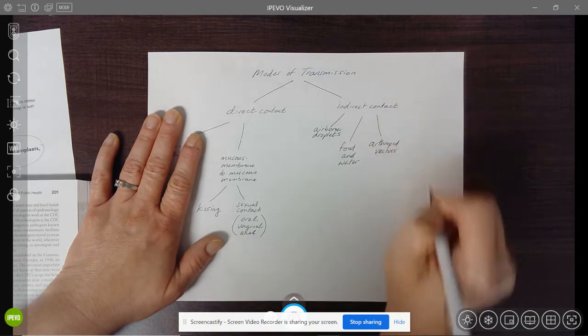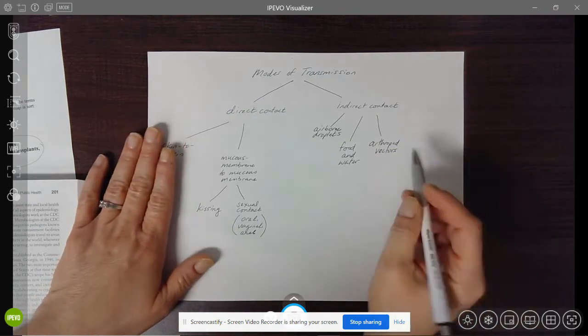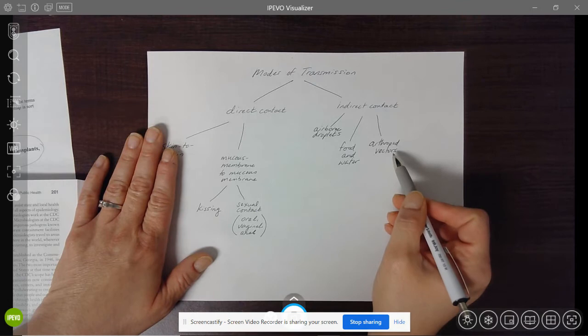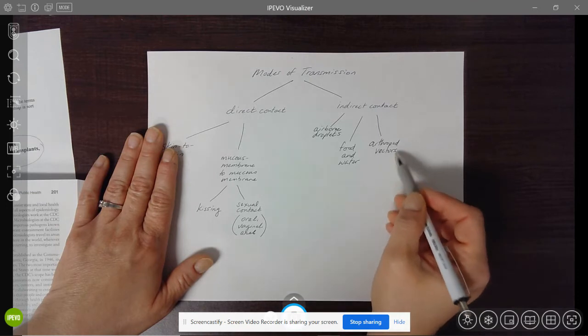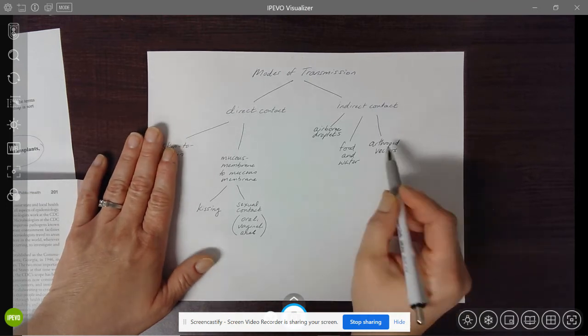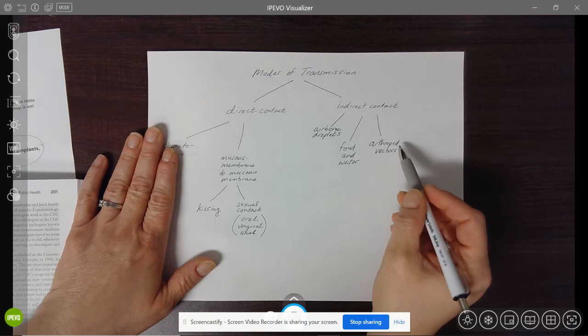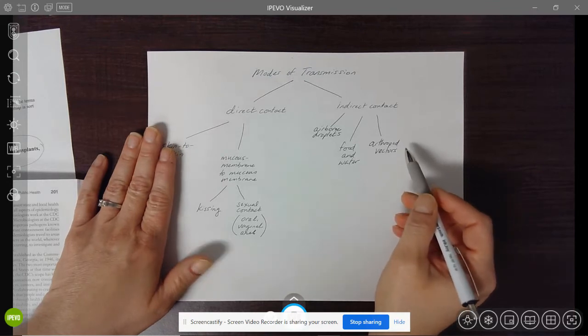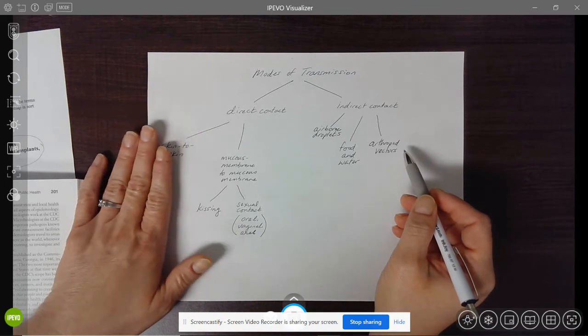Vectors are typically insects, although not always, and they're typically arthropod insects. So we're talking about things like mosquitoes and ticks, things along those lines. Vectors are carriers of infectious agents, but they don't get sick themselves. So they don't actually have a disease state due to these infectious agents, but they can transmit them from one host to another.